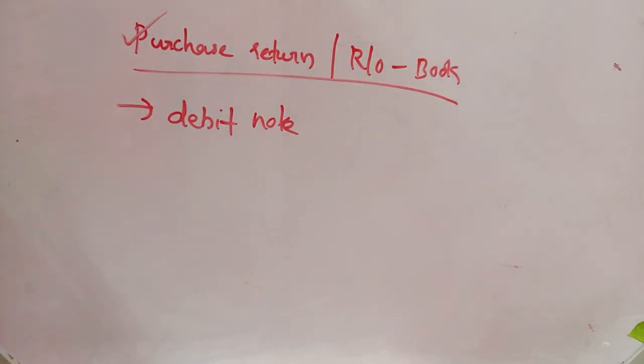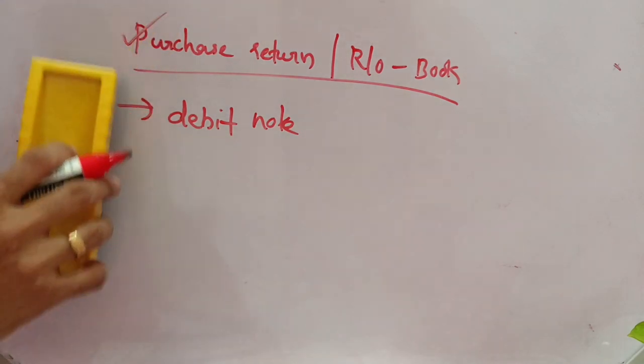The purchase return book also contains the same columns in the format. A date column, a particulars column, then instead of invoice number we write the credit note number for the source document, and a ledger folio column, a details column, and a total amount column.